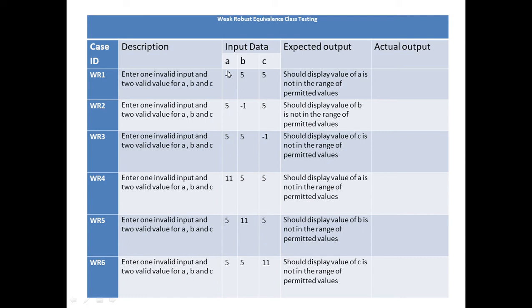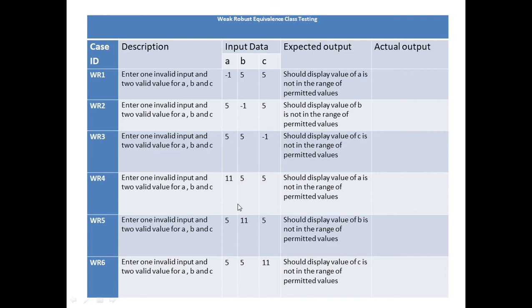In the first test case, you are entering the minimum minus 1 value, in the lower boundary for the variable a, and the next two are valid inputs. In the second test case, you're giving the invalid minimum minus 1 value for b. And in the third case, you're giving an invalid value for C. Similarly, these are the lower invalid values.